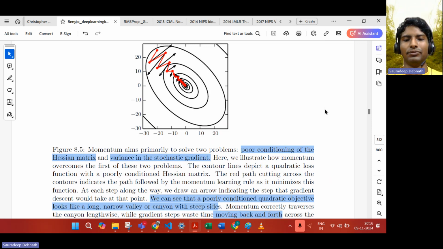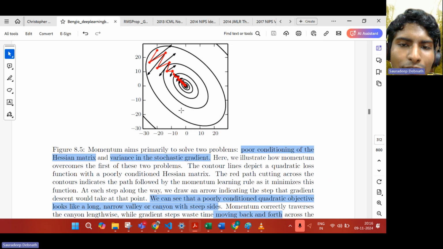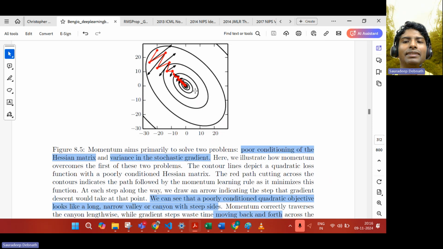So what does this do? Firstly, whenever we have a loss function like this, which is what they call poor conditioning, it's like an elliptical kind of thing. And this is again a level set. Each of the points on these lines is at the same level of loss function.